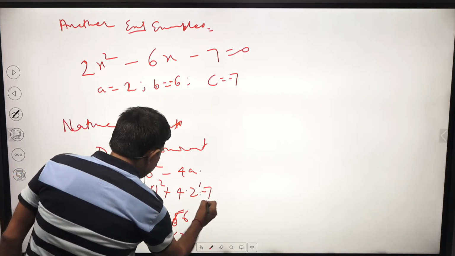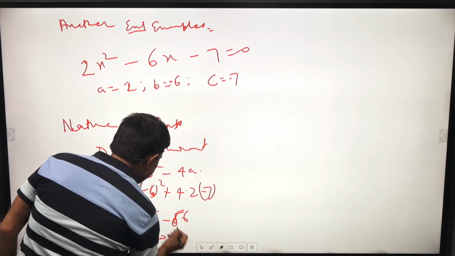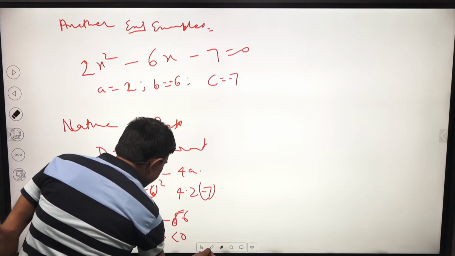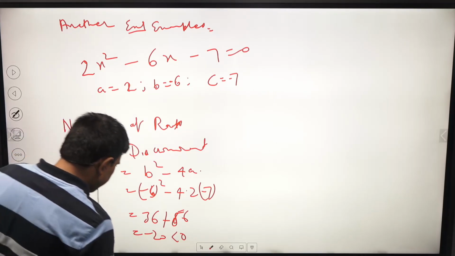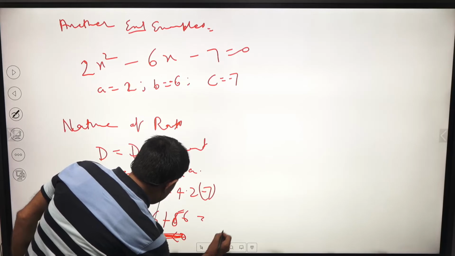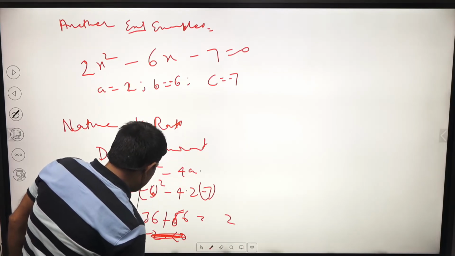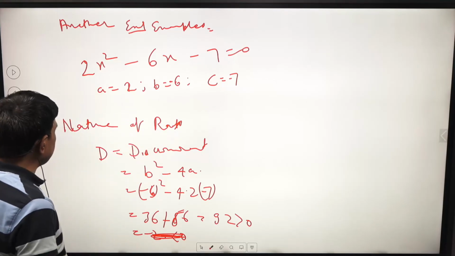Minus 7. This is minus, thus becomes plus. So what will be that? That is 92, greater than 0. So here d is greater than 0.